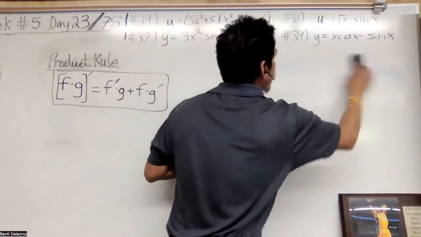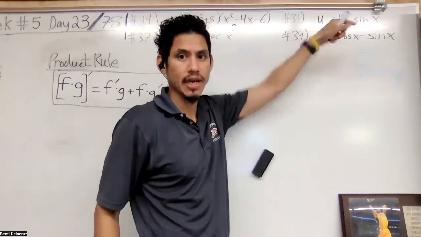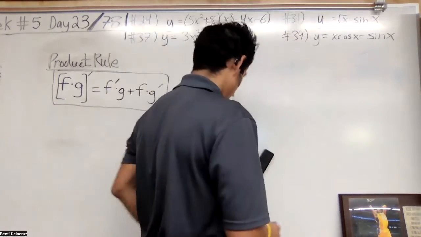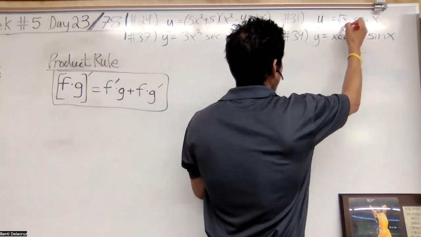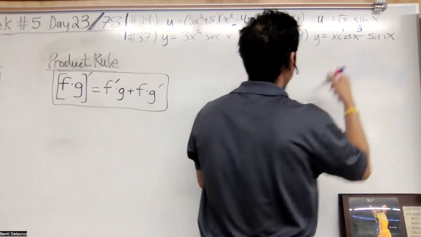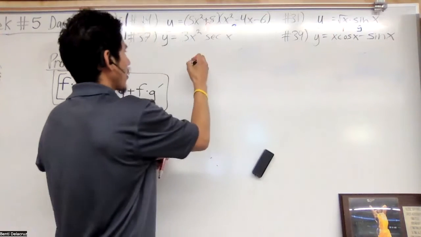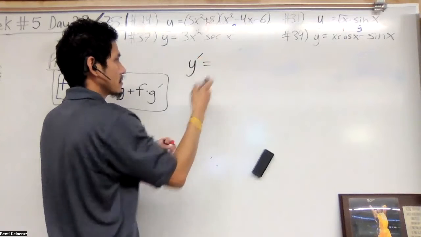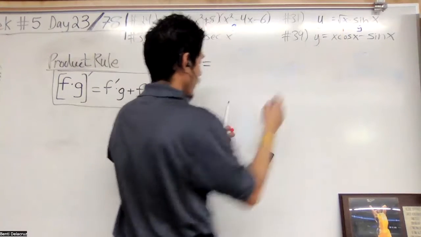So here we have that y is the square root of x times the sine of x. And here we have our function square root of x. We can call that our f, and sine of x as our g. So then from here, we can say that y prime is equal to the derivative of f.